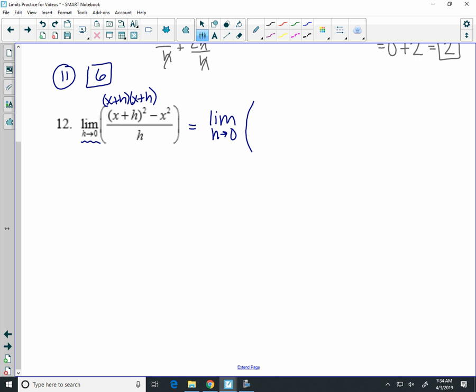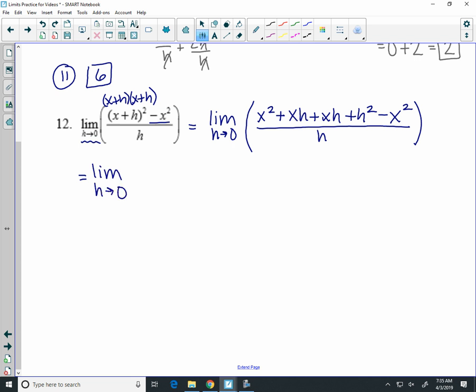And that means I'm going to get x squared plus xh plus xh plus h squared. And then I still have that minus x squared. And it's all over h. And then we're going to combine my terms. Again, this looks very similar to the work that we did on number 10.